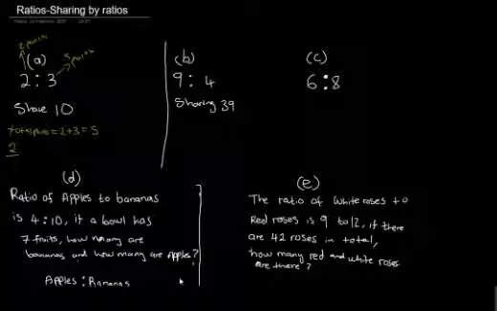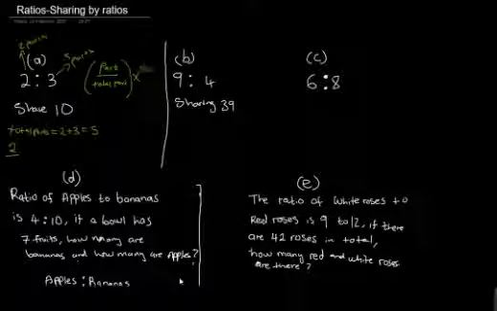Just remember, this is how you share the numbers: it's always the ratio part that you're looking for, over the total part, all of that multiplied by the number you are sharing.